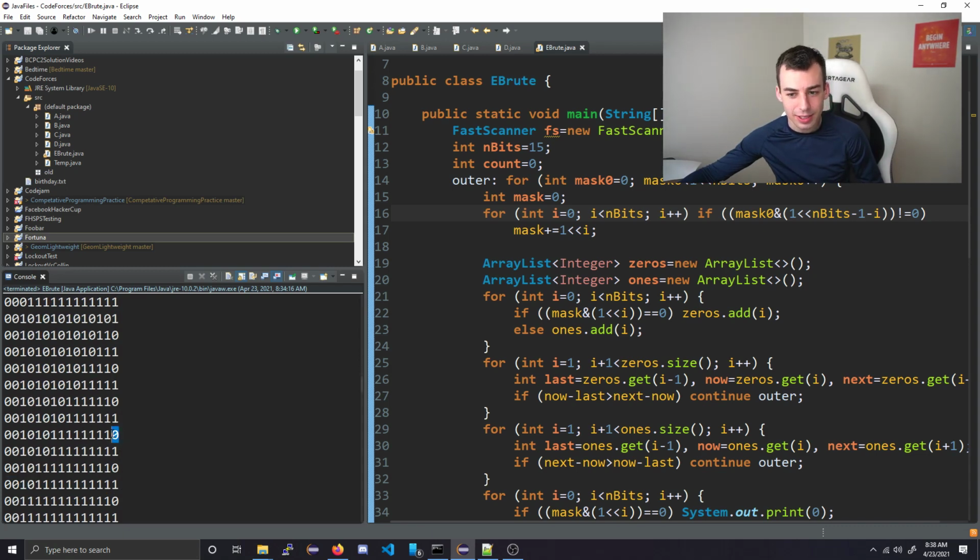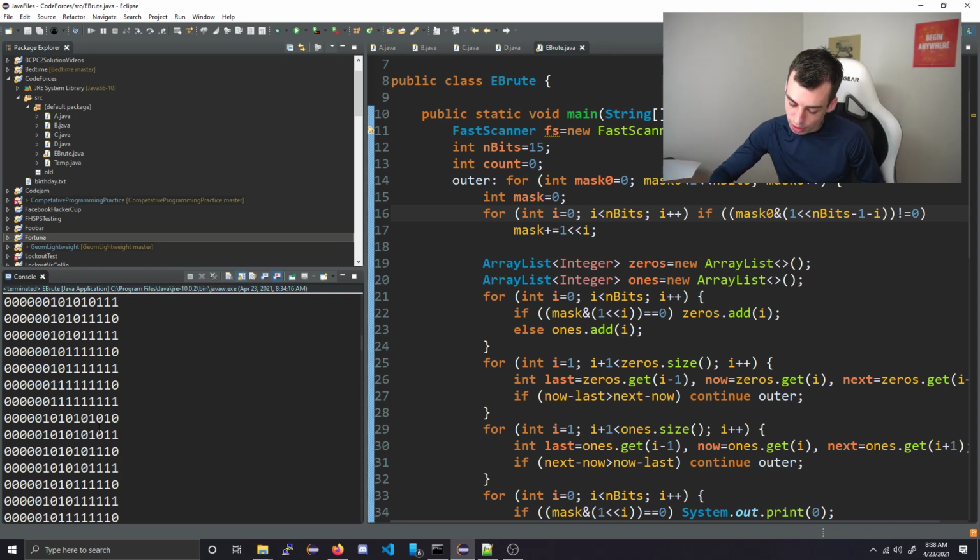But the last thing can change? Why just the last one? Oh, maybe, yeah, because the last one doesn't really matter. As long as this is a 1, then last can be 0.